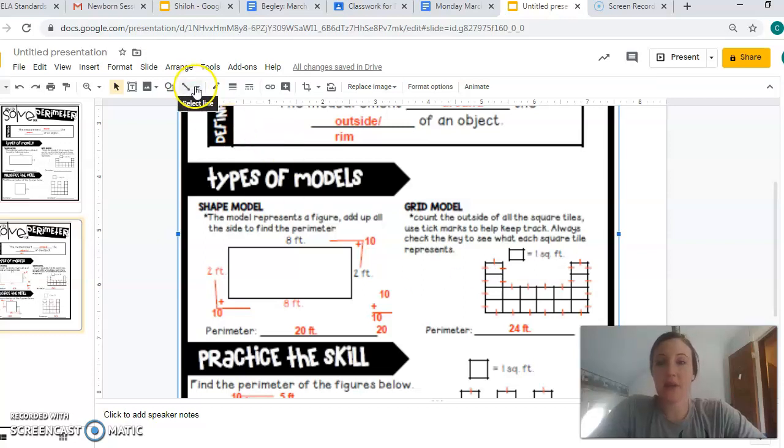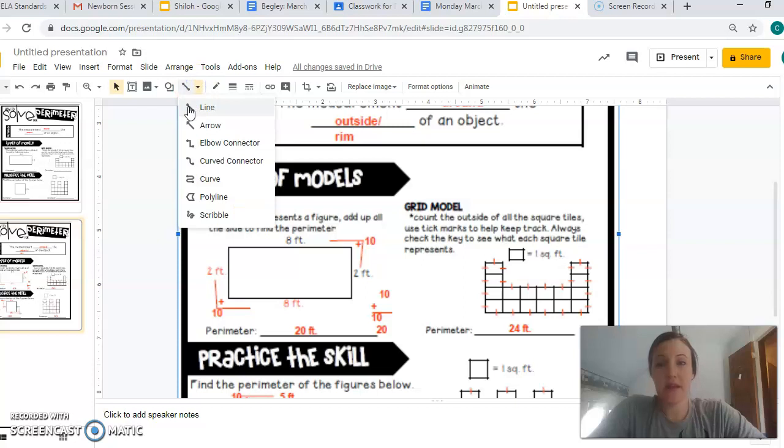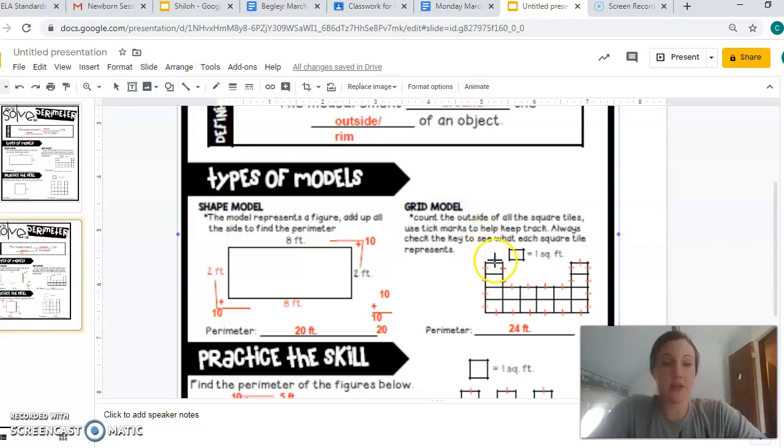If you had to do it with a computer, you'd come up here, select a line, and then you would draw it. I tried to do this on a previous video, and it took me forever. So sometimes we might have to alter our assignments just a little bit to make them more technology friendly.